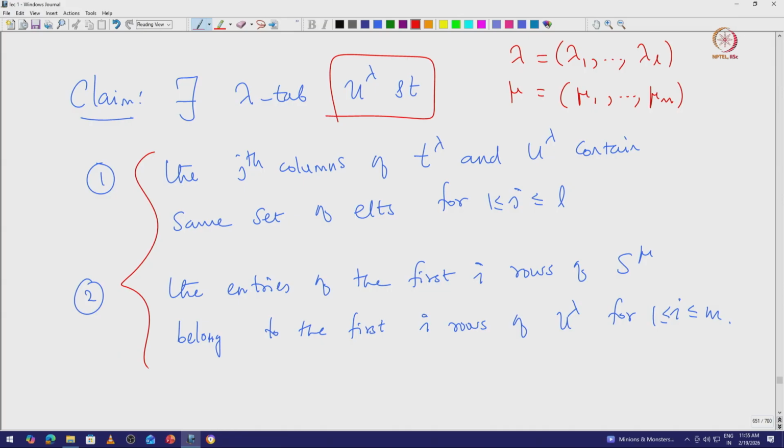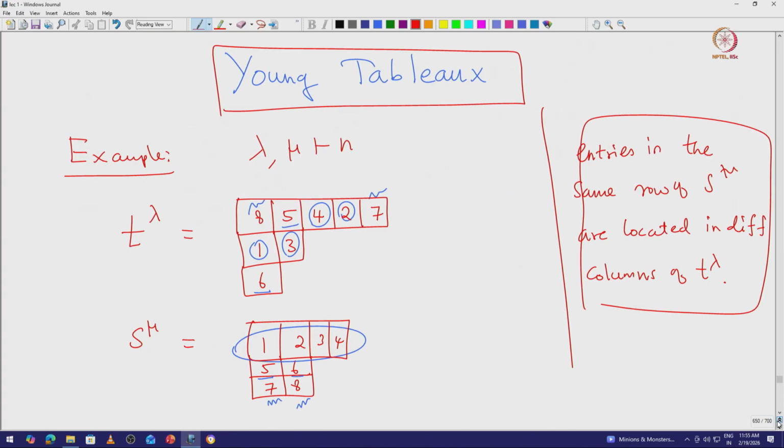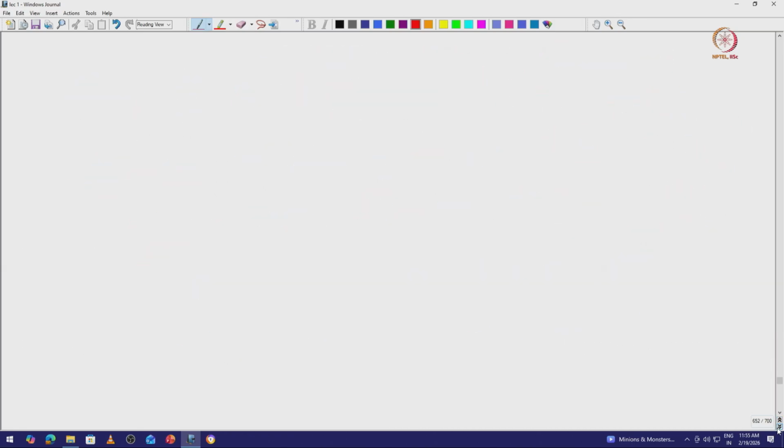Now let us see how this claim can be proved. Before proving that, let us work with the example that I have mentioned and see how this can naturally be obtained. Let us go back to our example. Let me rewrite it.